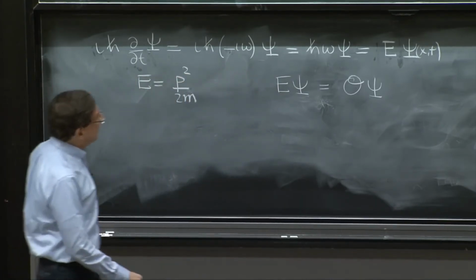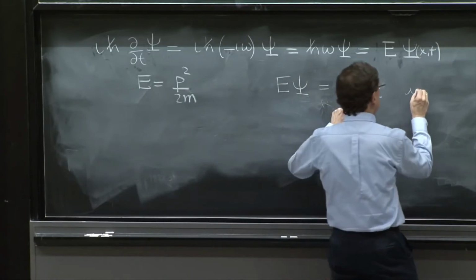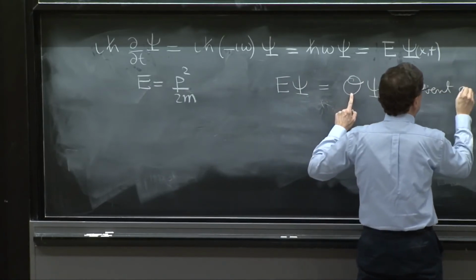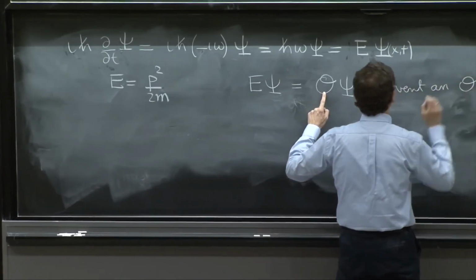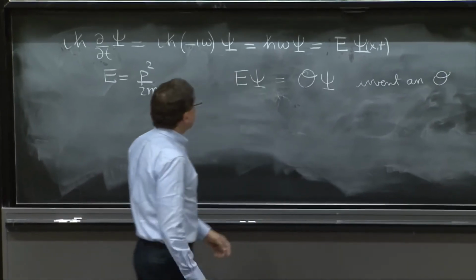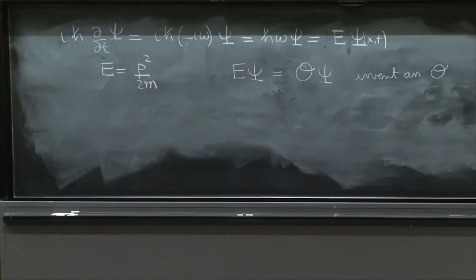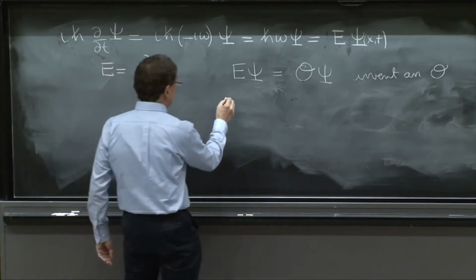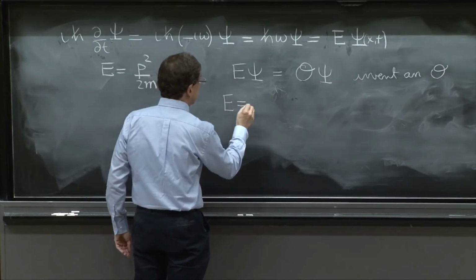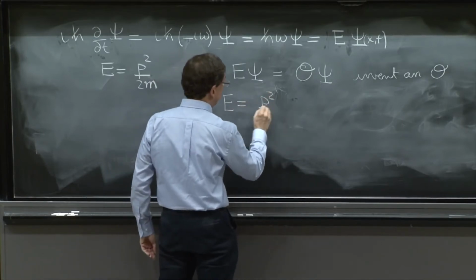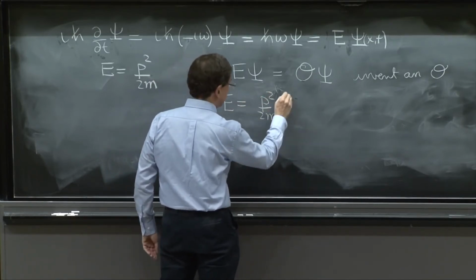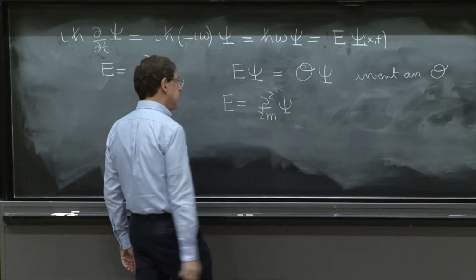So how do we do that? Well, E psi is equal to p squared over 2m times psi. It's a number times psi.